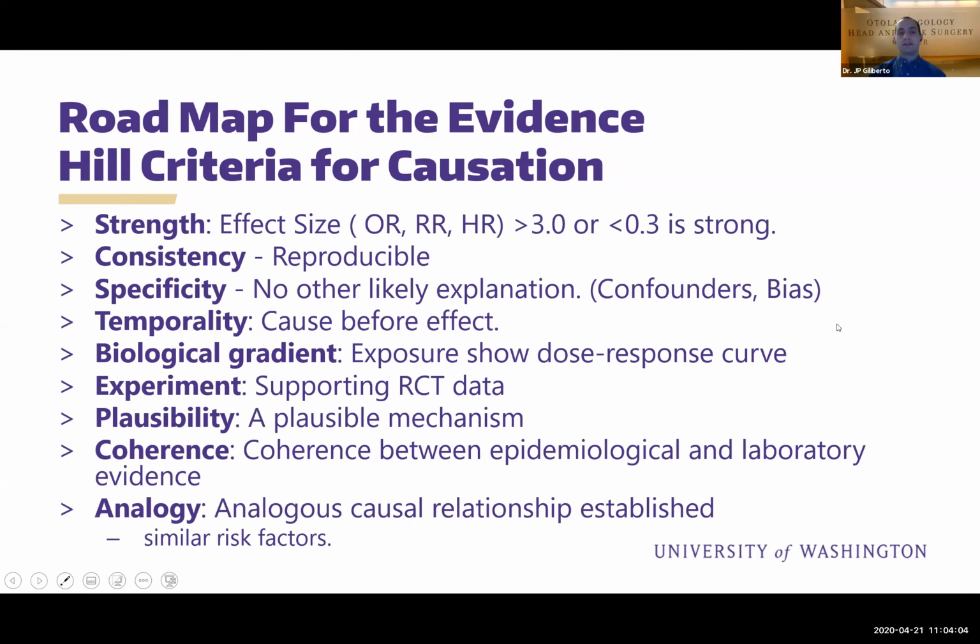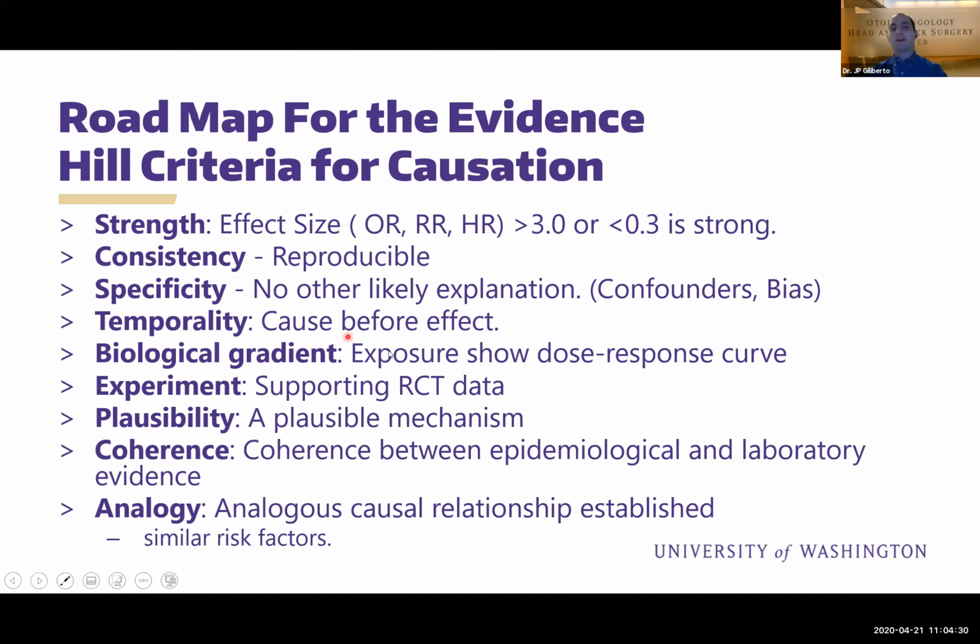And the criteria contains 9 different parts: strength of the association, so the effect size. Typically a risk estimate of over 3 or under 0.3 is strong. We want it to be reproducible. We want it to be specific. And in this case, I'll use the lack of confounders or bias in the data as a measure of specificity.